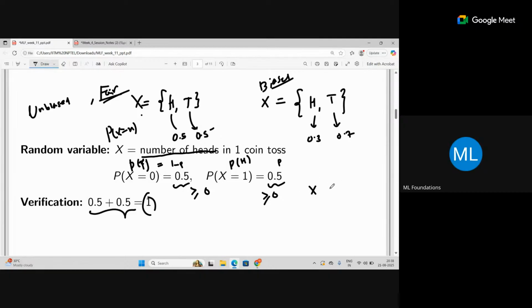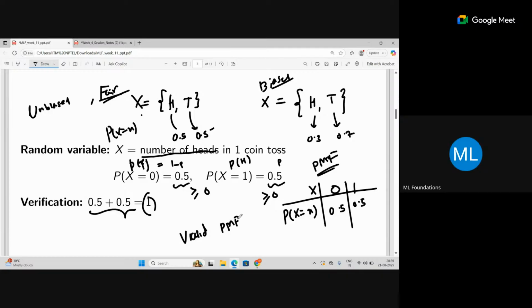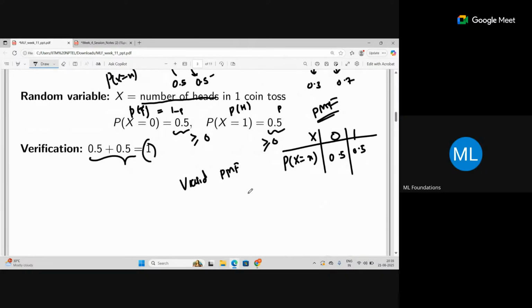If I toss a coin once, x will take two values, 0 and 1, and the probability that x equals x is 0.5 and 0.5. This is the probability mass function, and if it satisfies both the properties, then it is called a valid PMF. Correct? I hope it is fine till now.